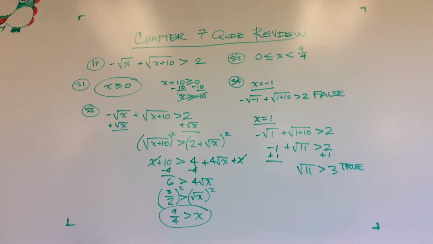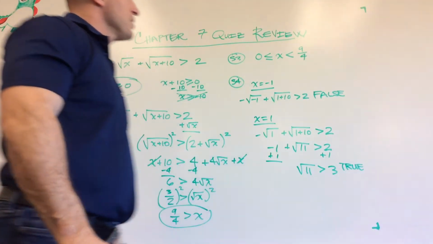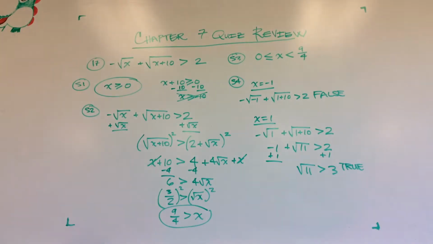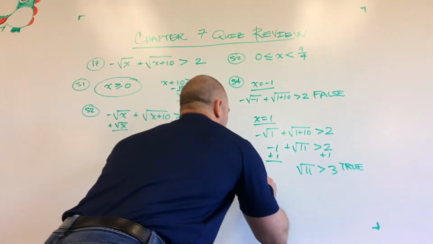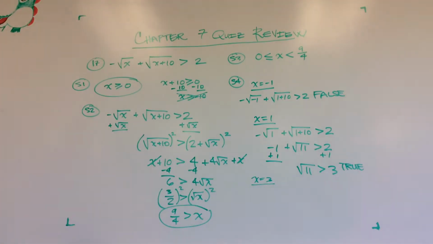Lastly, we can choose, again, any value greater than 9/4. 9/4 is the same as 2 1/4, so we'll just choose x equals 3 as our test value. And we should get a false statement here if we've done our work correctly.